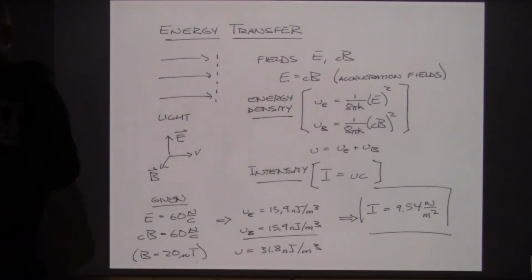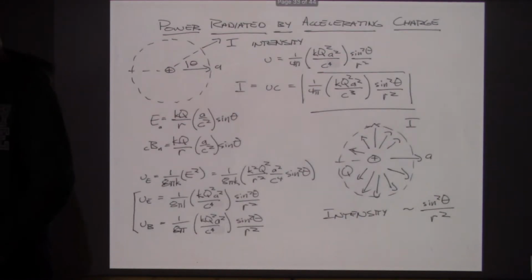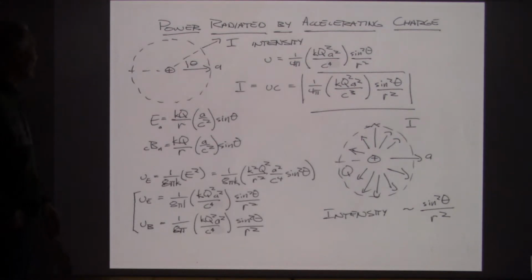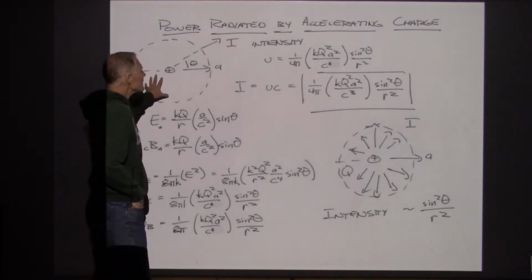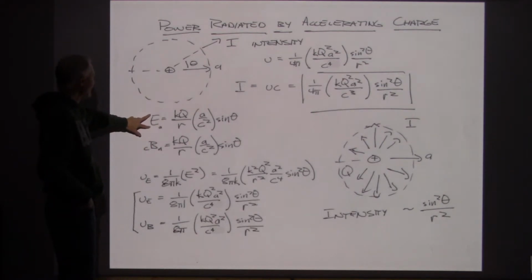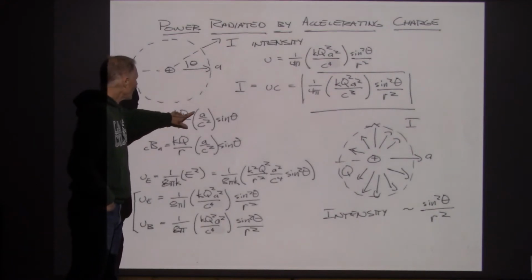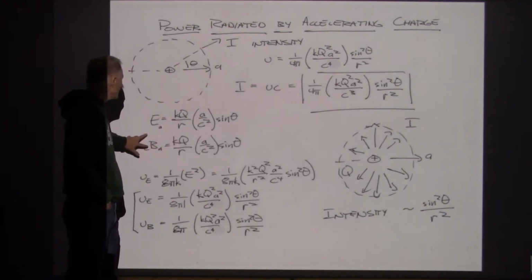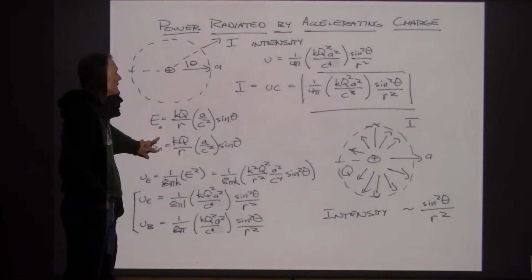Okay, we're kind of halfway through this, so I'm going to say this is a really good set of formulas to work from. Now, the rest of this looks like, let's go back. If you remember, for acceleration fields, the electric fields are given by kq over r, a over c squared sine theta, so is c times B_a.